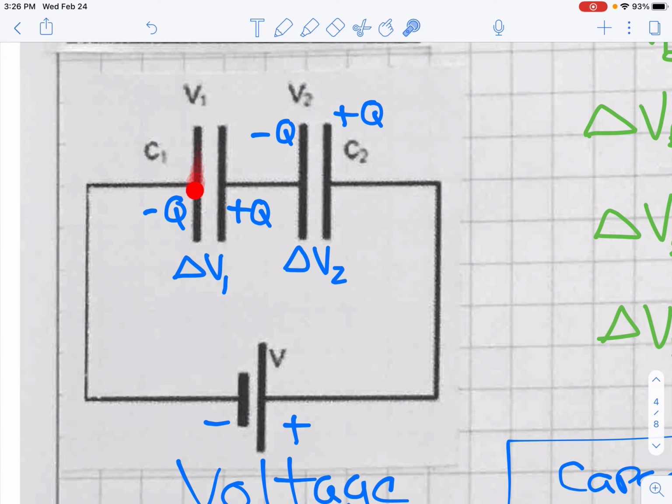Now, if you get minus Q over here, by symmetry, you're going to have plus Q. If this is plus Q, this one's going to be minus Q in symmetry to that. So what is true about capacitors in series is that the charge stored on each plate in magnitude must be the same as the other charges. The voltages can be different, the capacitances can be different, but the charge stored on each plate in magnitude must be the same.